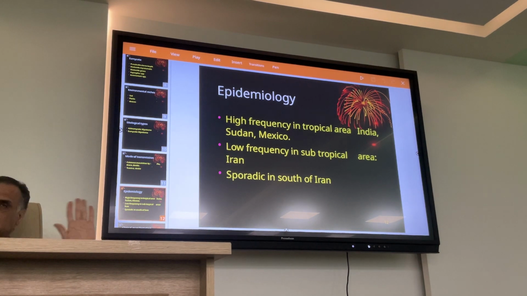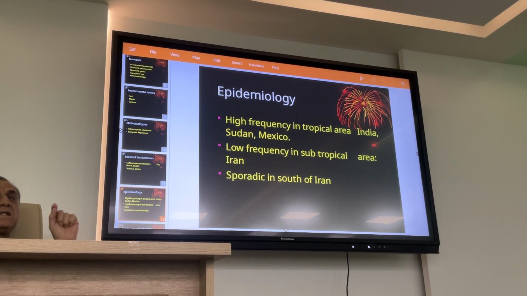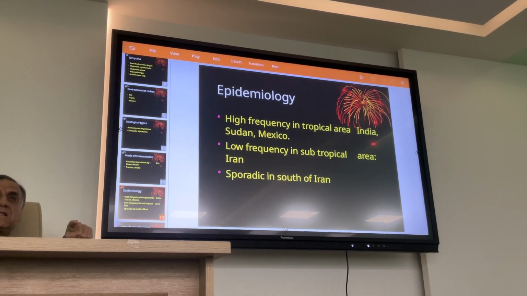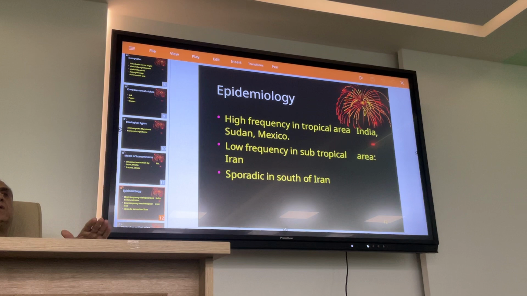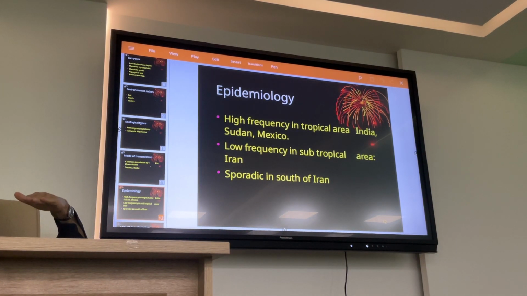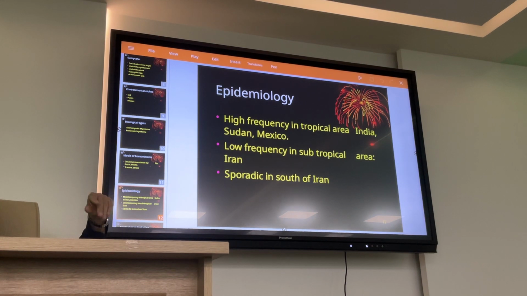Therefore, there isn't any difference in sensitivity in relation to sex and age, but you have a high frequency in the middle age group and in males compared to females.